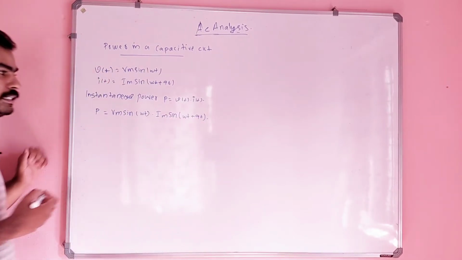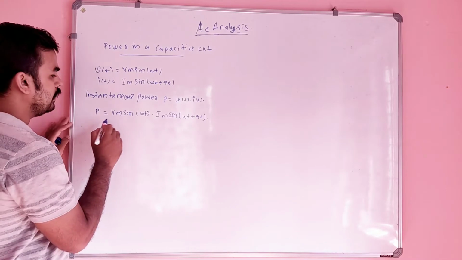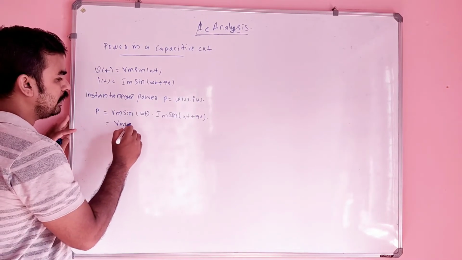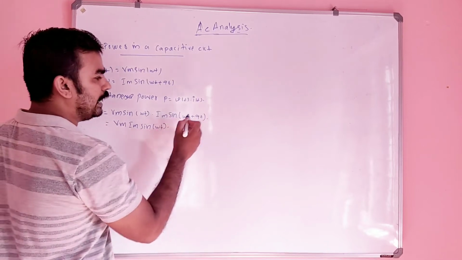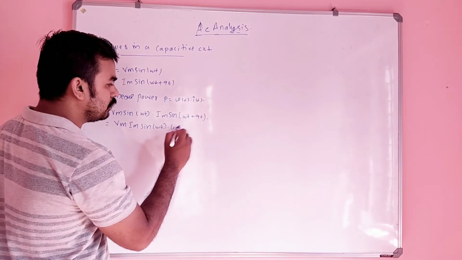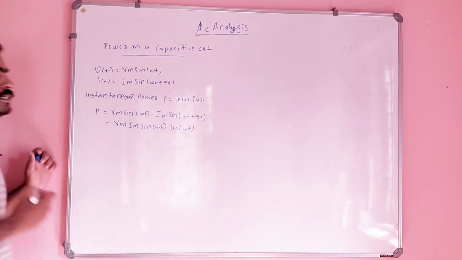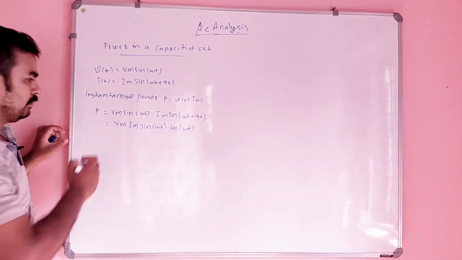Is it correct? Or I can write Vm Im sin omega t into sin omega t plus 90, which is nothing but cos omega t. Sin of omega t plus 90 is nothing but cos omega t, I can write like that.